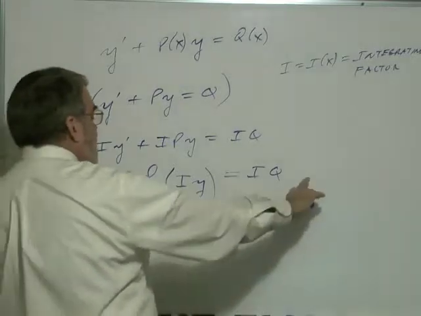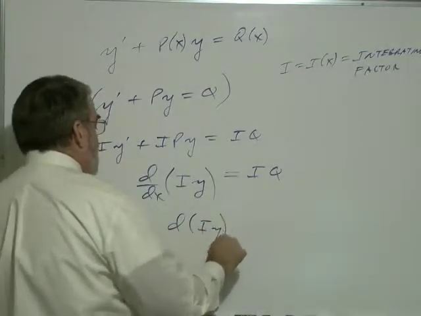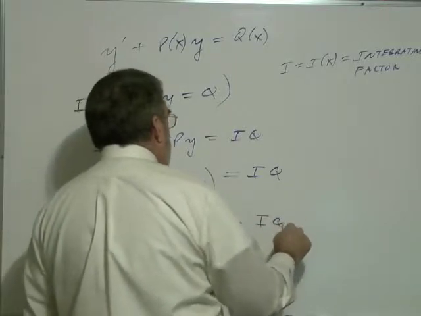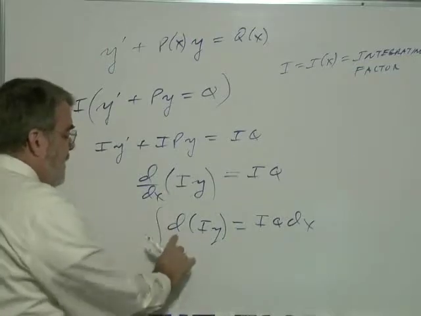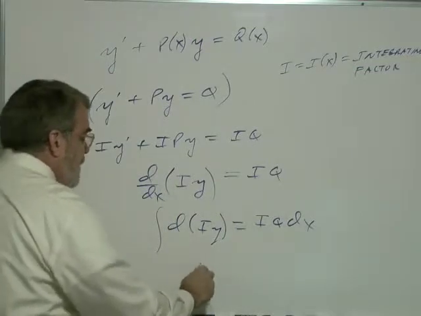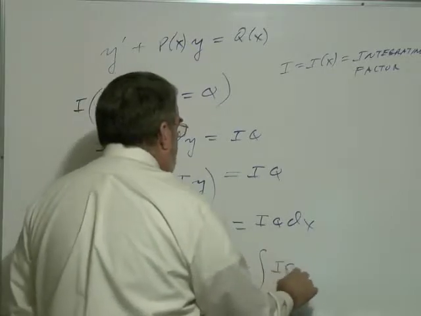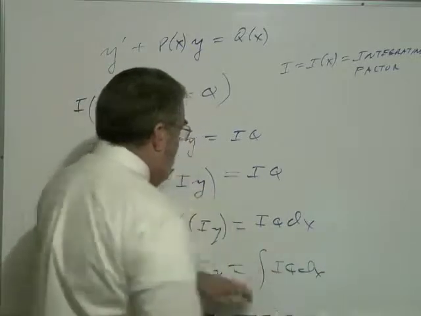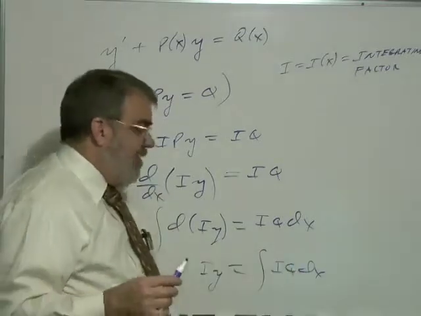Because when I bring the dx over here, I've got Iq dx. That's solvable because I can integrate this differential, get I times y, and theoretically I can integrate the right side because each of these functions is a function of x. There are no y's on this side.